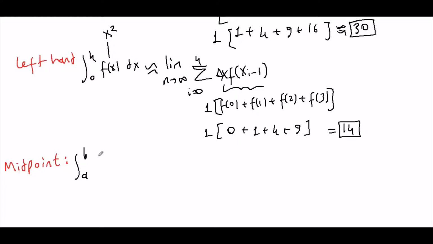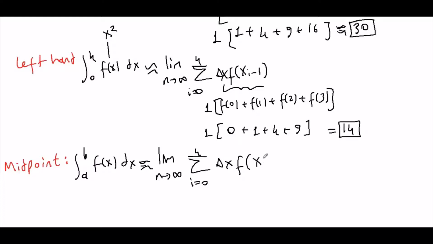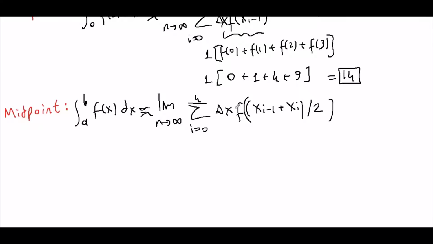According to the midpoint rule, our function is approximately the sum for i from 0 to 4 of delta x times f of (x_{i-1} + x_i) divided by 2, which will be our area under the curve.